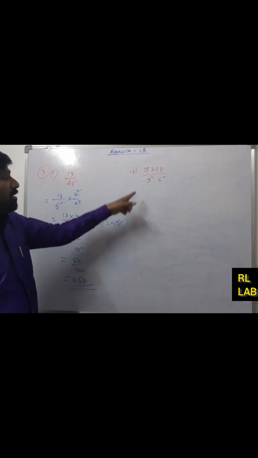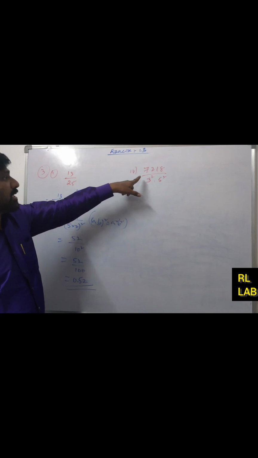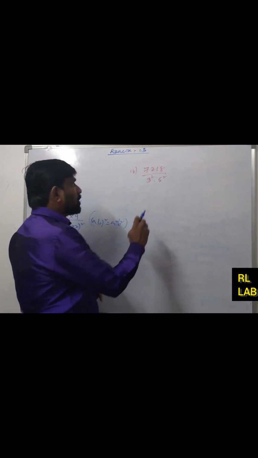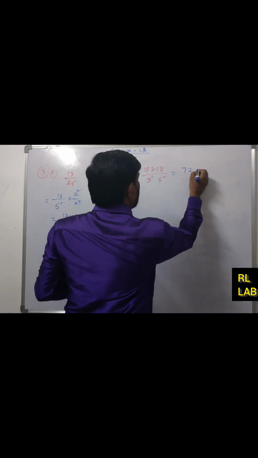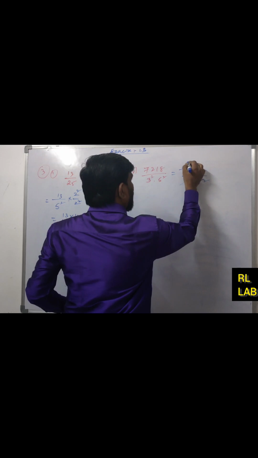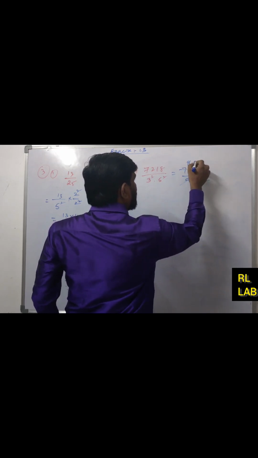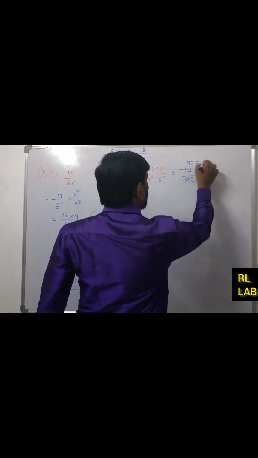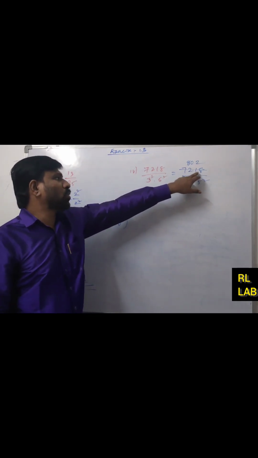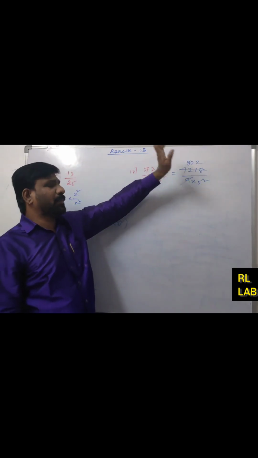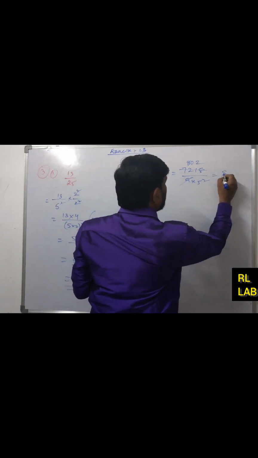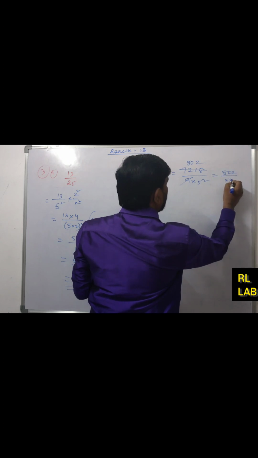But here these are not co-primes. 3 square exists and this is a multiple of 9. So first you simplify this. 7 to 180 by 9 into 5 square. 9 8s are 72. 9 2s are 18. 0, 9 2s are 18. I kept the 0 there because you take 2 digits at a time. So 802 by 5 square.